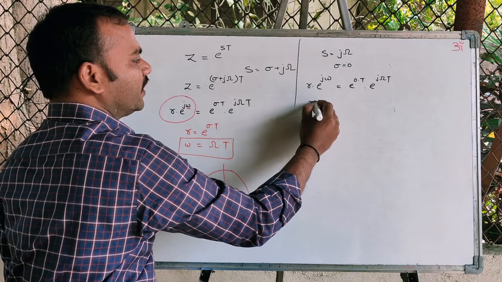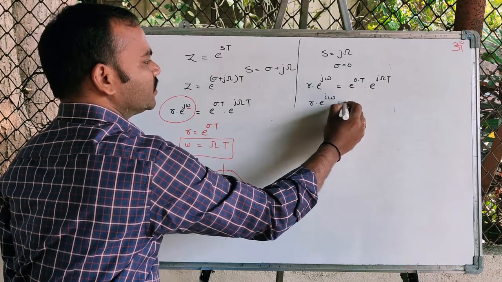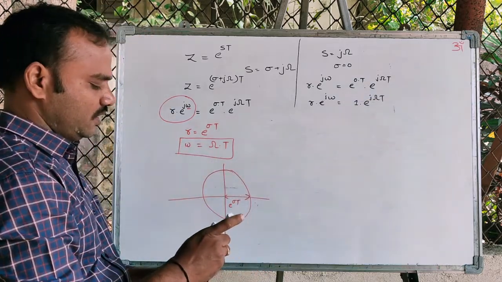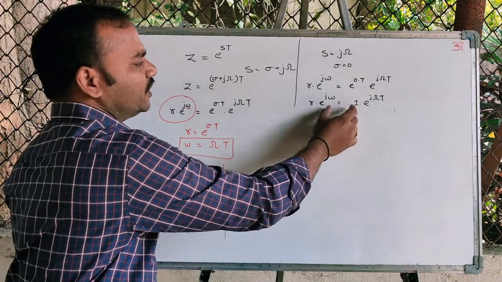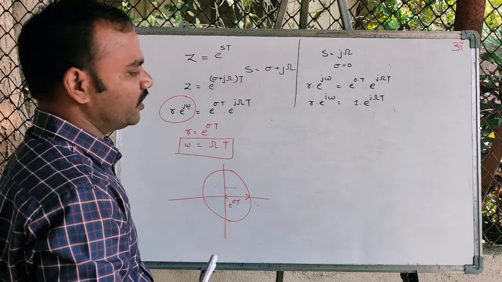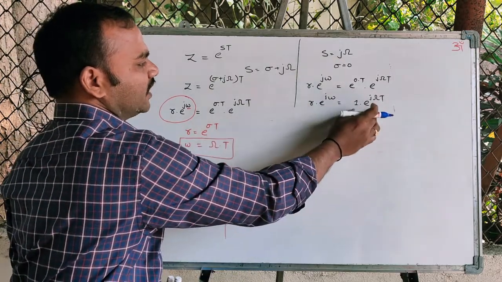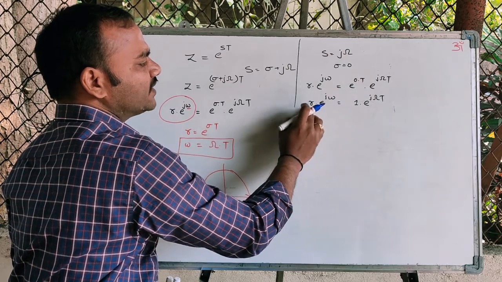Now, r e^(jω) = 1 times e^(jΩT). Now, when you compare these two equations, this reveals that the jΩ axis is mapped onto a circle of radius 1.